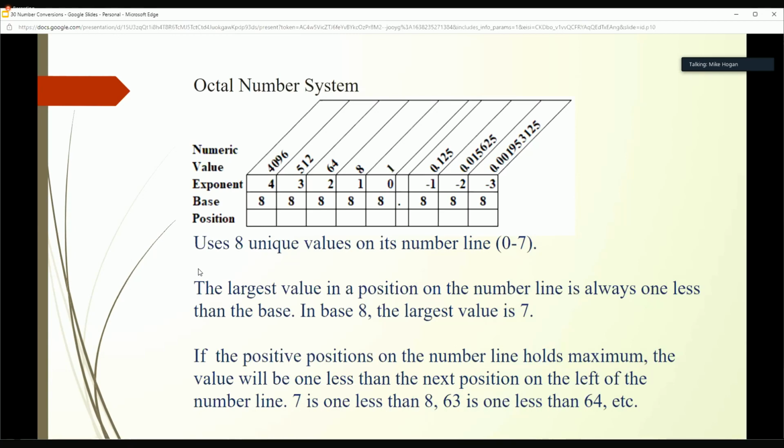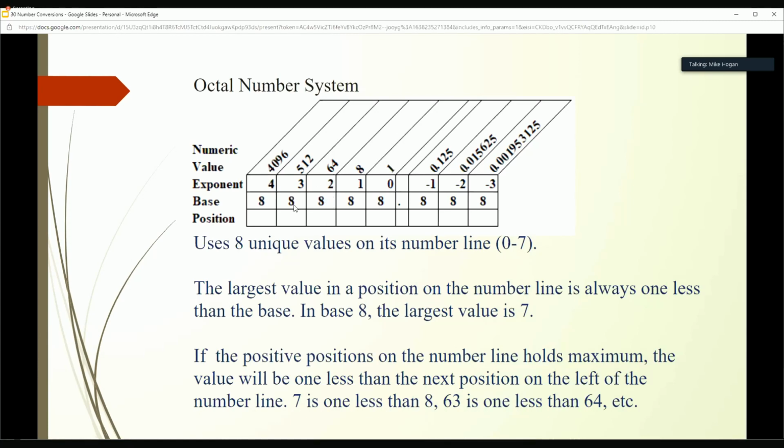But the same characteristics hold true for octal that we see for decimal or any of the other numbering systems. It's base 8. We still have exponents, 8 to the 0, 8 to the 1, 8 to the 2. We get our weights from that. Anything to the 0 power is going to be 1. The base to the first power is going to give me 8.